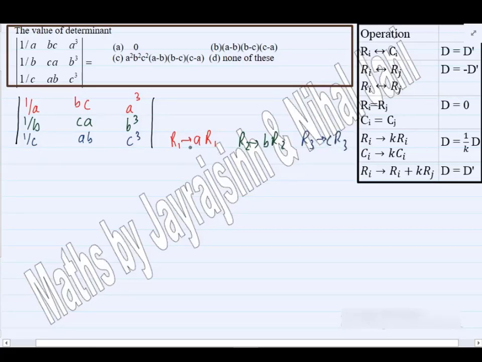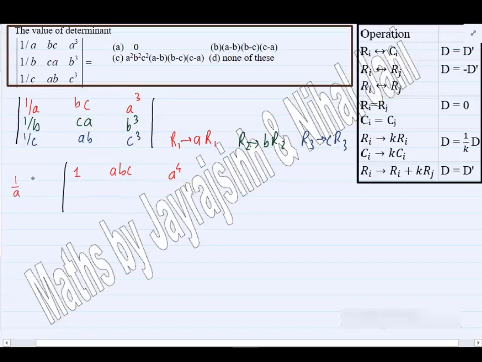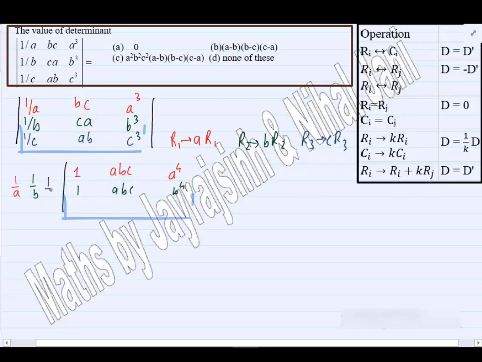So if we are multiplying a with the first row, we have to divide with the determinant. So your first row will be 1 abc and a raised to 4, then 1 by b, 1 abc, b raised to 4, and similarly 1 by c, 1 abc and c raised to 4.